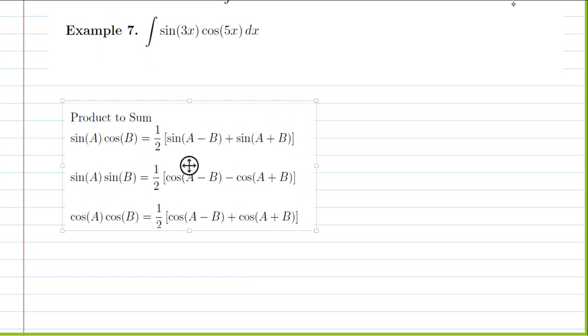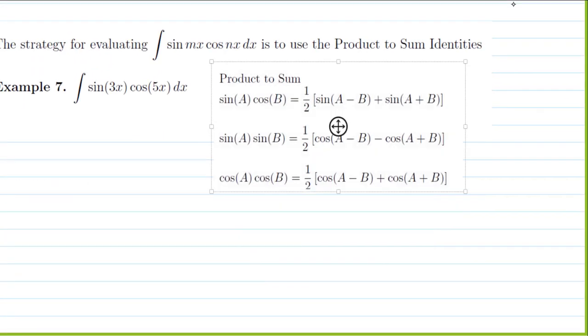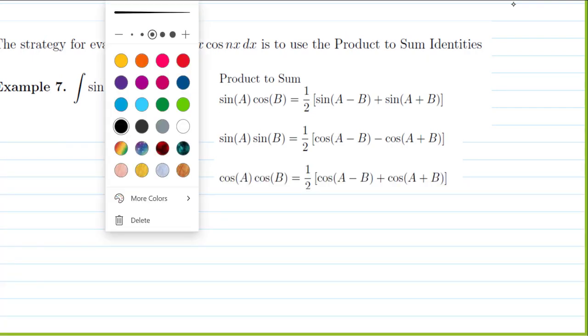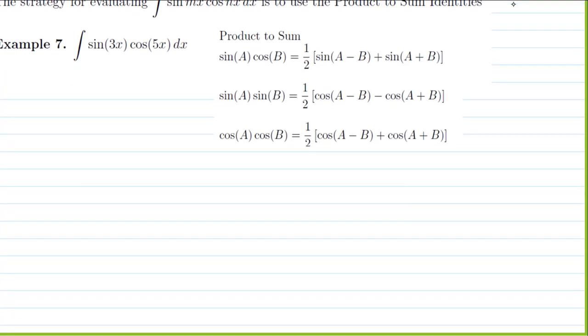So that's going to suggest that we use that identity. So we have sine 3x times cosine 5x, right? So in this case, we're going to note that our a value is going to be 3x and our b value is going to be 5x.